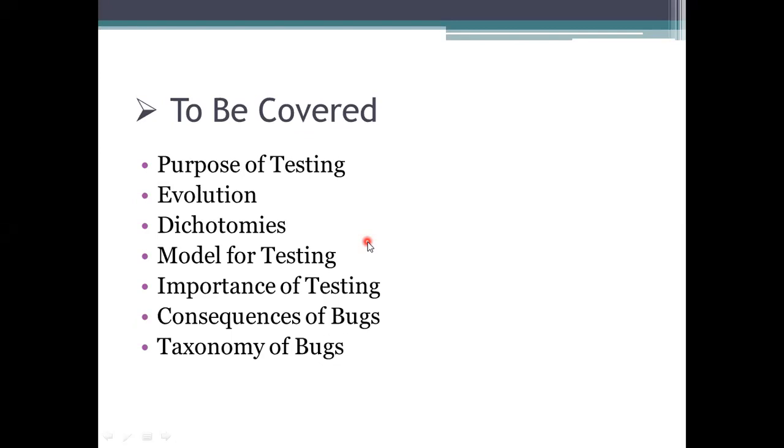We have a model for testing, and we will consider the steps to be processed and what needs to be done while processing or considering a test. And next, as I said, importance, consequences, and the last one is the taxonomy of bugs.